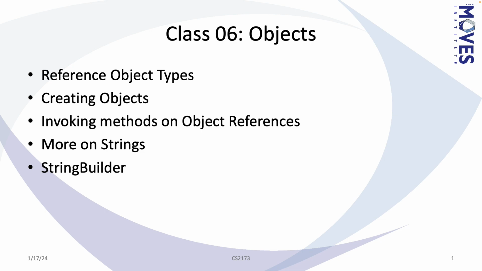Invoking methods on object references. If you remember early on, I said there are no functions in Java. What we have are methods. And what's the difference? A function is something that's just out there on its own. A function doesn't have any connection to anything else.